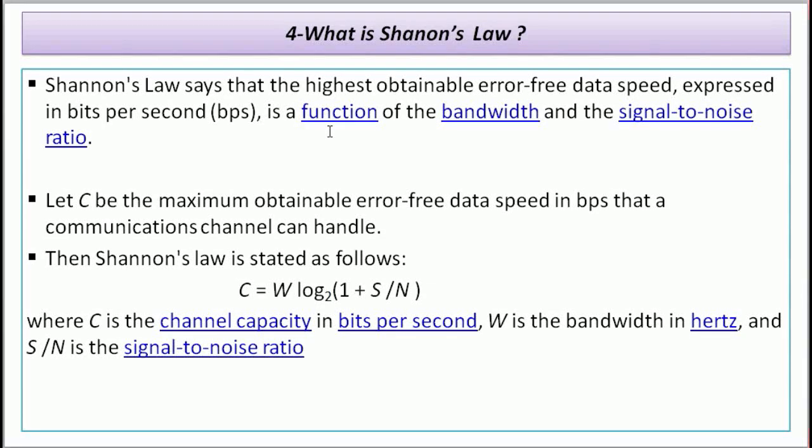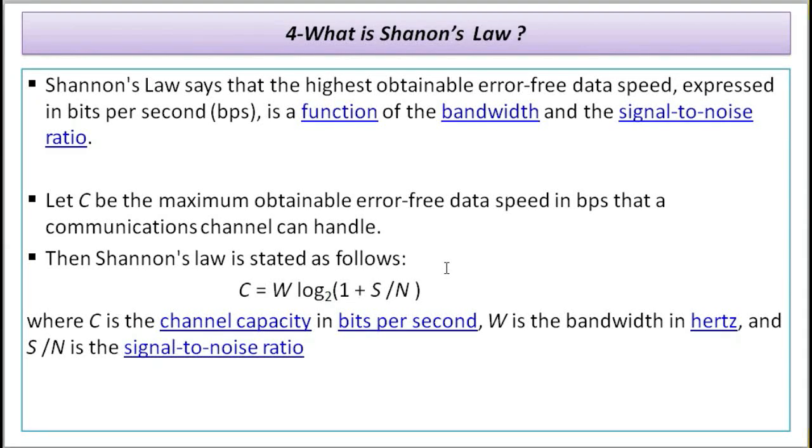In this formula, C is the channel capacity according to Shannon law, in bits per second, W is the bandwidth in hertz, and S by N is the signal to interference ratio.